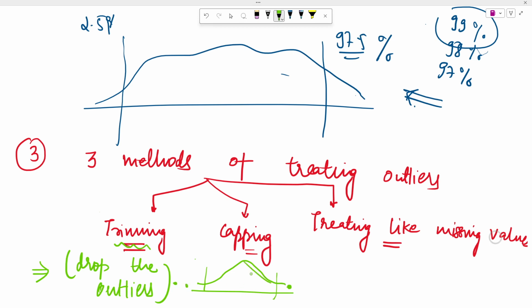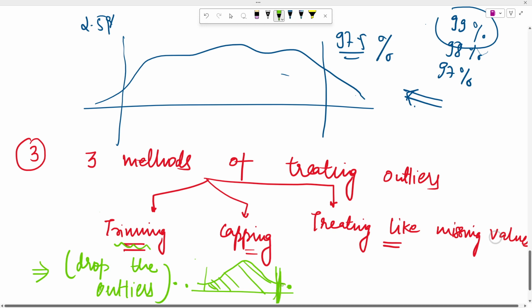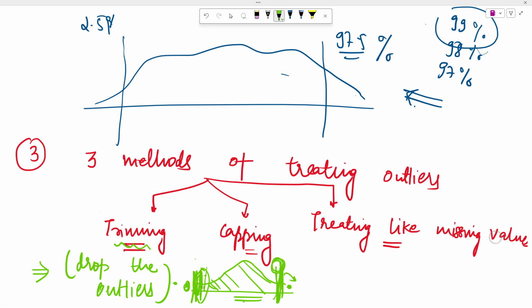They can't lie within this region. So we cap any value which is beyond this to this particular value. Anything which is below this, we'll cap to this particular value. So this is how we deal with outliers, where we cap at the maximum and the minimum bound. Anything that exceeds that will have the maximum value or the minimum value within the distribution.